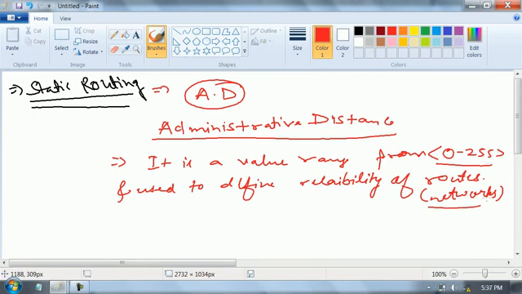So guys, every routing protocol or every network that exists on a router has this reliability factor. Just tell me one thing. There can be only two cases. First is, I am holding this duster in my hand.